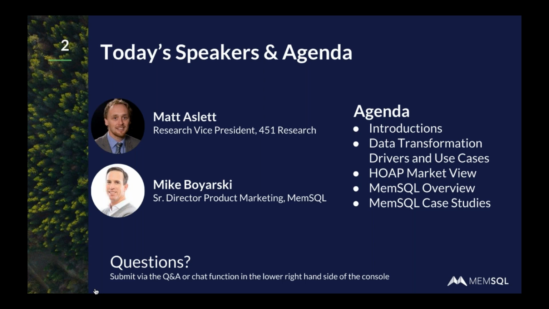Then I will spend a little bit of time talking about MemSQL, providing a brief overview for those that are new to our technology, spending a couple of minutes on the architecture, and then also on actual customer deployments, so you can get a handle on how we work and how we benefit customers. With that, we'll hand it over to Matt, and he will take us through some of the latest research and perspective of the HOAP database market.